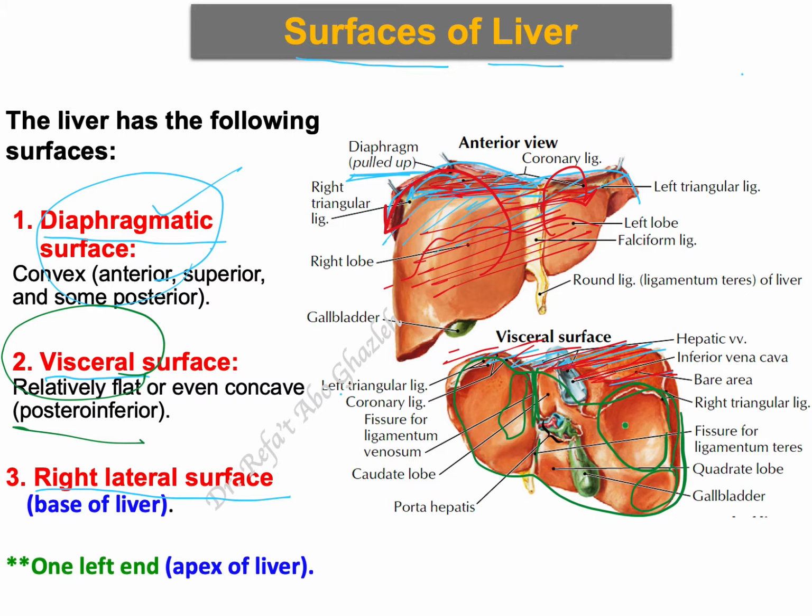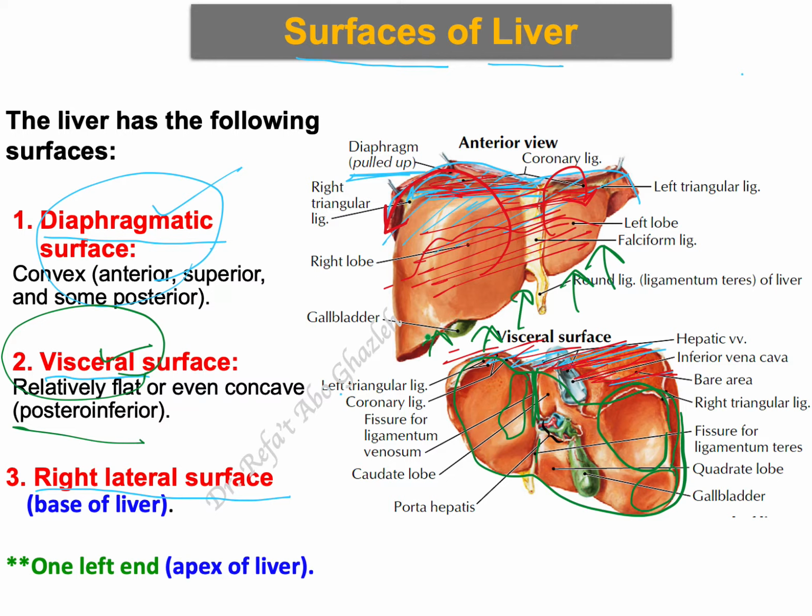So this surface is called visceral because it's against different viscera, the abdominal organs in the abdomen. That's why it's called the visceral surface, and it's inferior, like here, right? The inferior or inferior posterior surface.